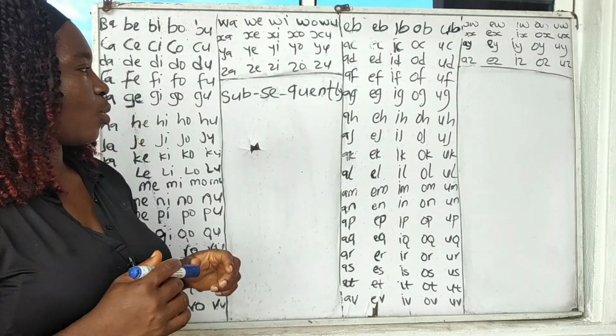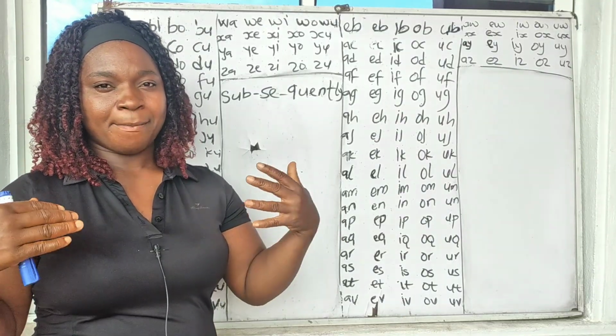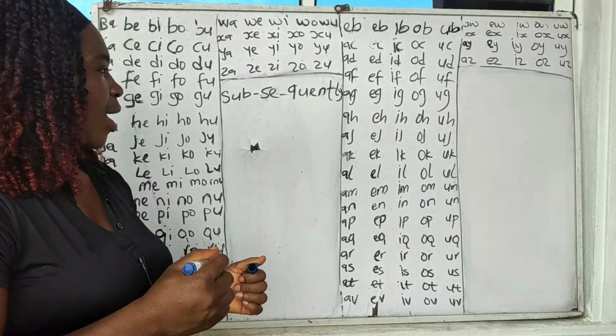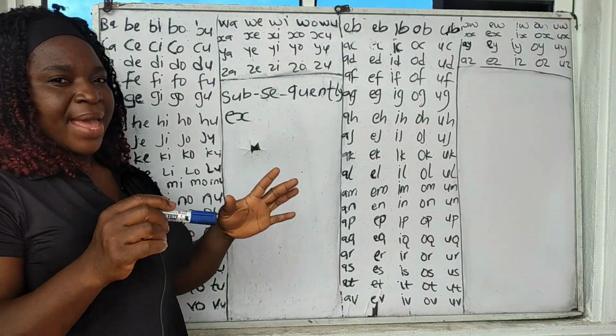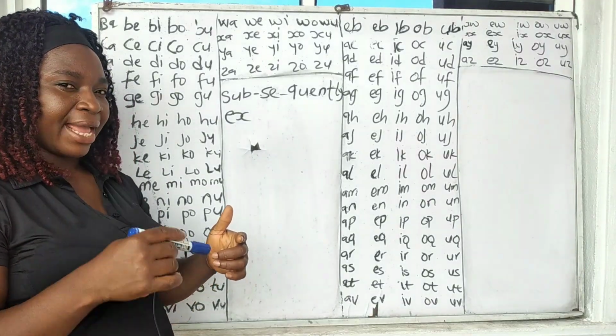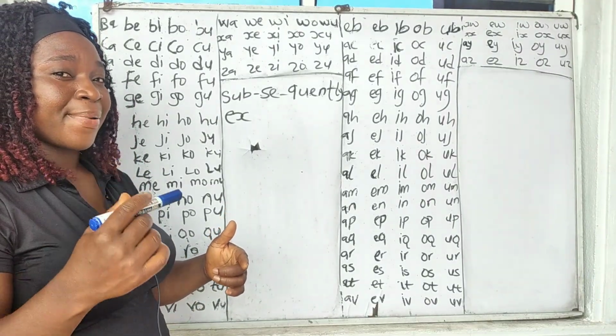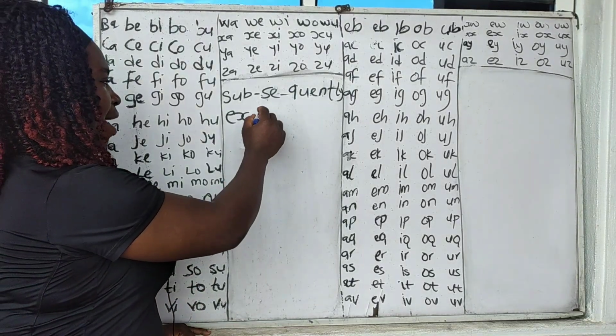Let's see the next one. Let's try expectation. So we have the X. This is X. Okay. We have peck. Not just peck. Expectation. Okay. So we have pe.